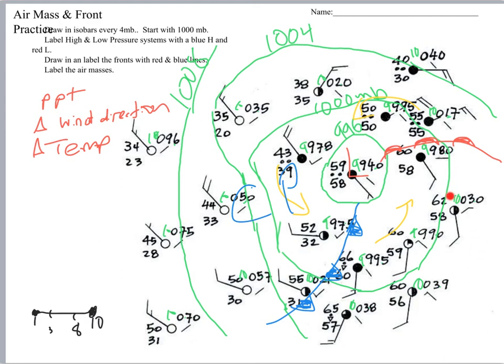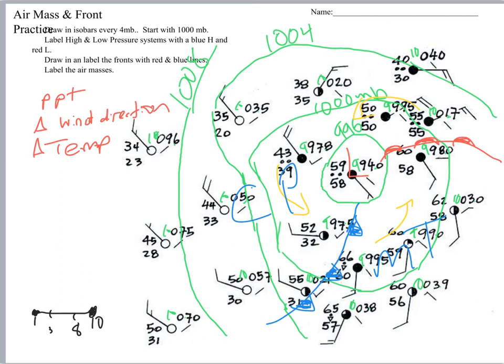Next, let's look in this region. Here our winds are coming from the south, and we have some precipitation. Now that could be because of this front. We have high dew points. So that's going to be a maritime tropical air mass.